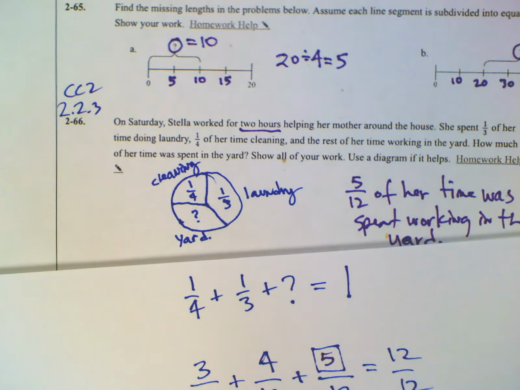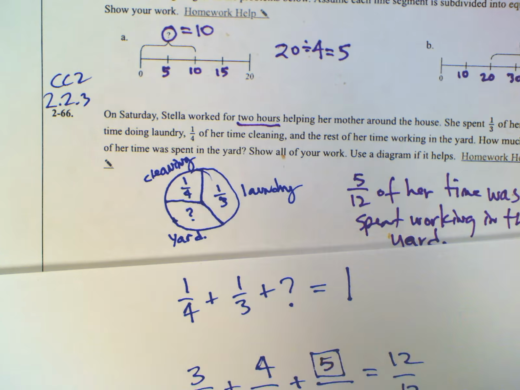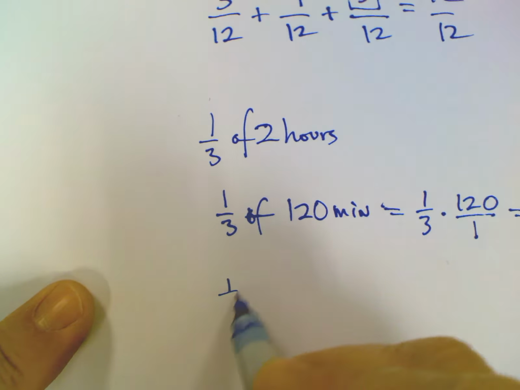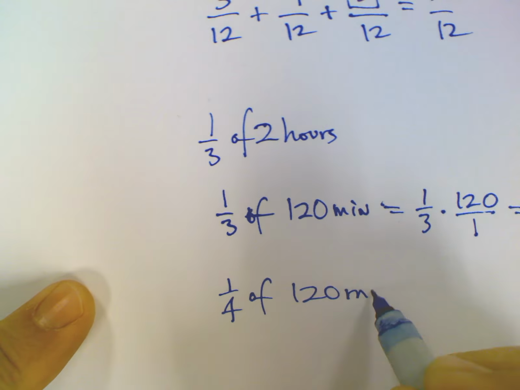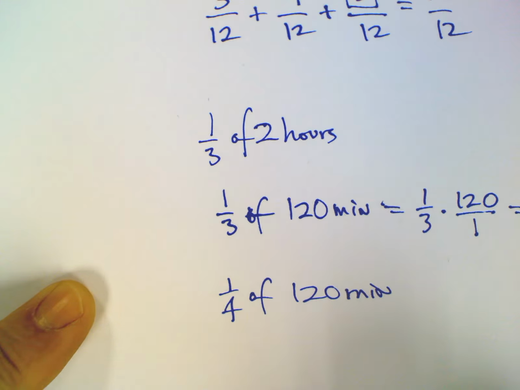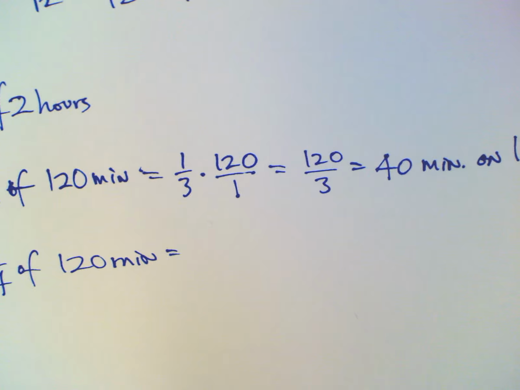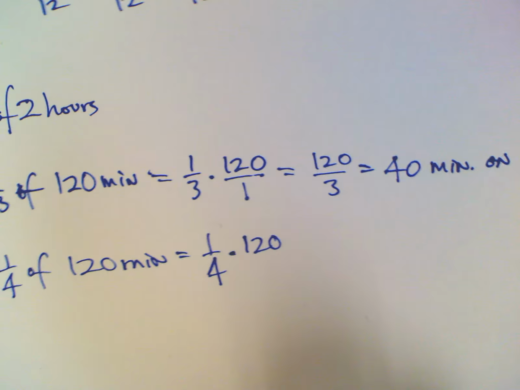Okay. Now, the other piece is that 1/4 of her time was spent cleaning. So I'm going to come back down and do the same thing. 1/4 of 120 to find out how much time was spent cleaning. 1/4 of an amount is the same thing as saying 1/4 times 120.